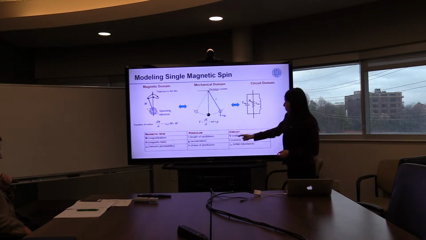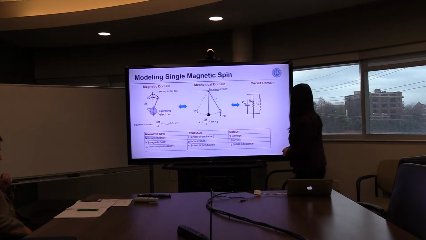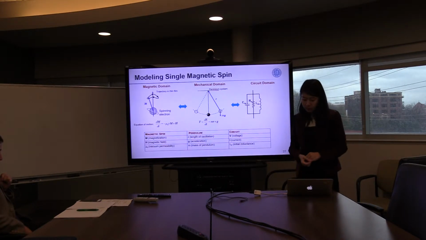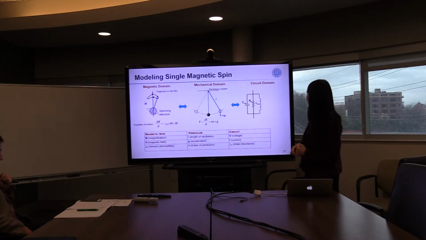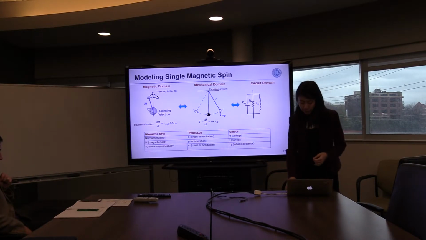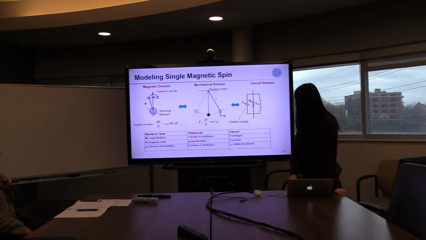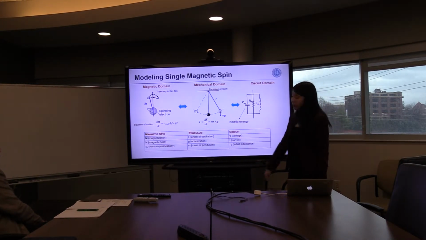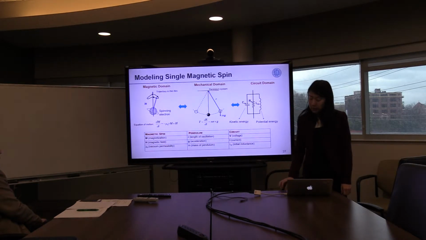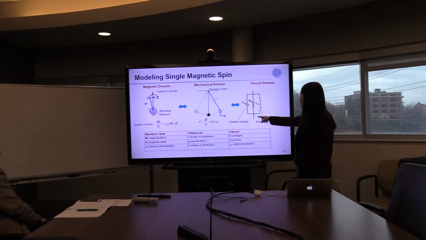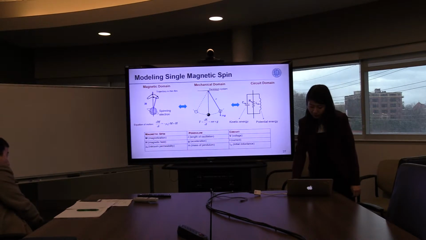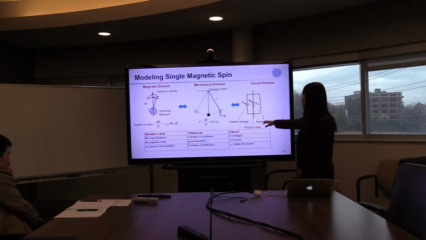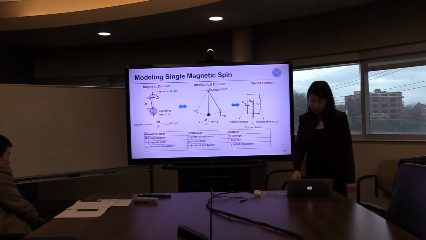And the vacuum permeability is the inductance of the resonant circuit. The energy stored by the capacitor means the kinetic energy in the mechanical system. The energy in the inductance means the potential energy from the mechanical system. And the loss on the resistor means the friction loss of that swinging system.